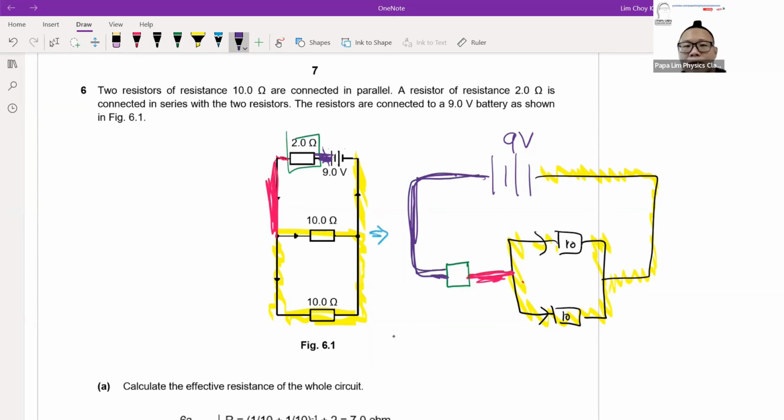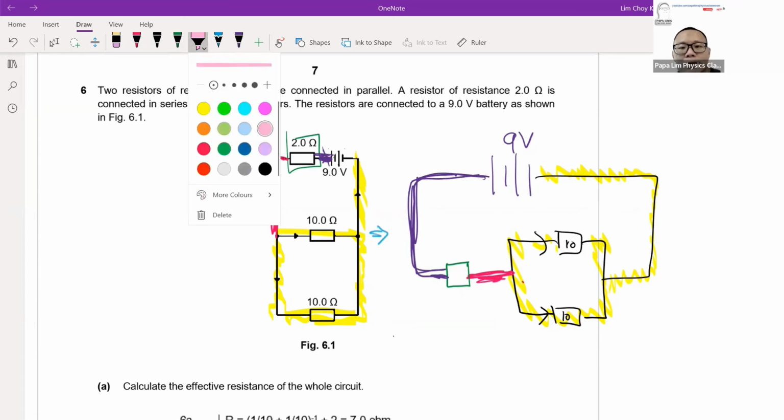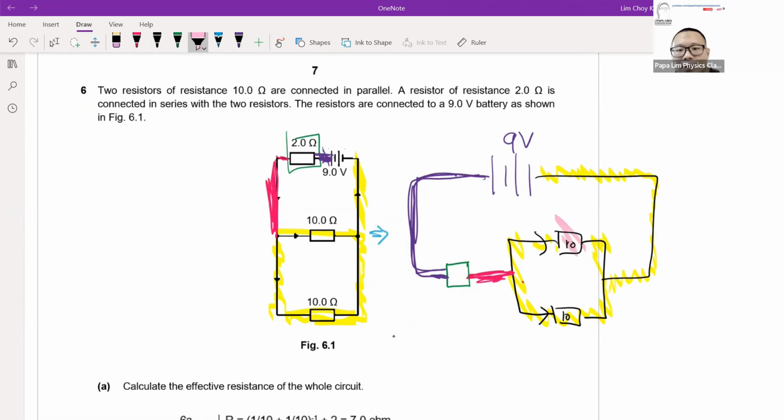On the arrangement on the right, it's quite clear that the two 10 ohm resistors are in parallel to each other, and my 2 ohm resistor is in series with the parallel arrangement. This is what we mean by the actual arrangement of the circuit.